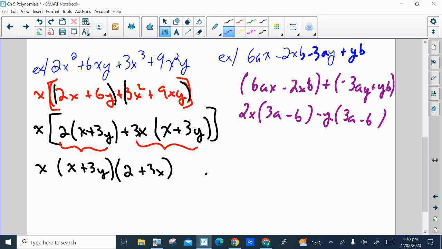Remember, you need the same thing in both brackets so you can do the next step. There's two terms there. Both have a 3a minus b factor in them. Take it out, and you're left with 2x minus y.